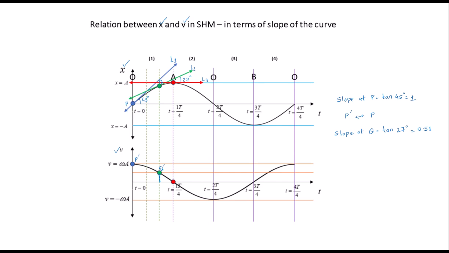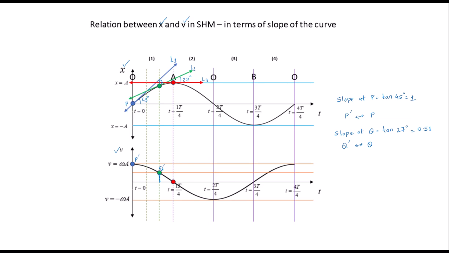So there is an equivalence between the point Q dash and Q, wherein the point Q dash on the velocity time graph represents the slope of the tangent L2 at the point Q on the displacement time graph. Now you must have got some idea, and we can extend the same logic for the line L3 in red.